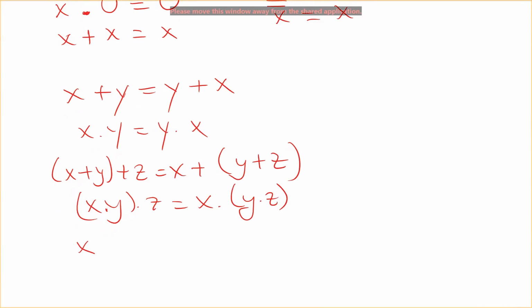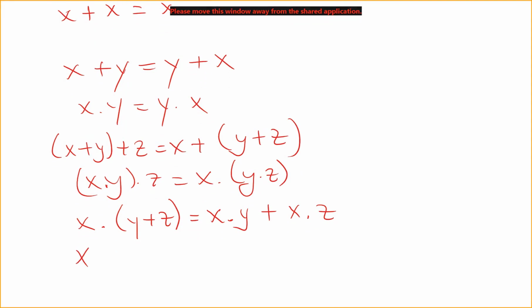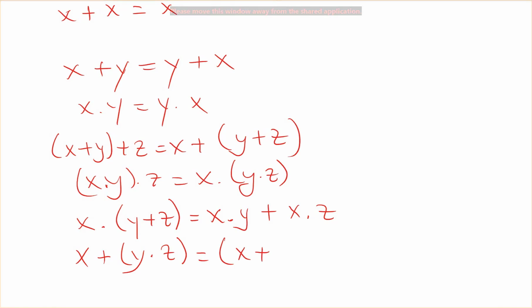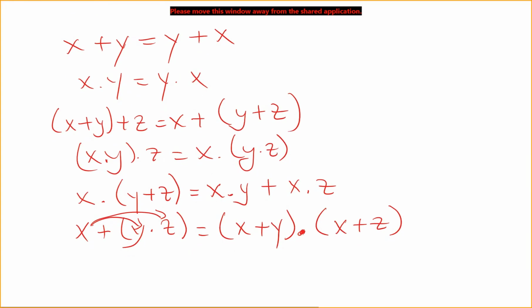If I have x and (y or z), this is equal to x and y or x and z. Similarly, if I have x or (y and z), this is equal to (x or y) and (x or z), right? So I am distributing x over the two variables y and z. It is also possible to do this in Boolean algebra.